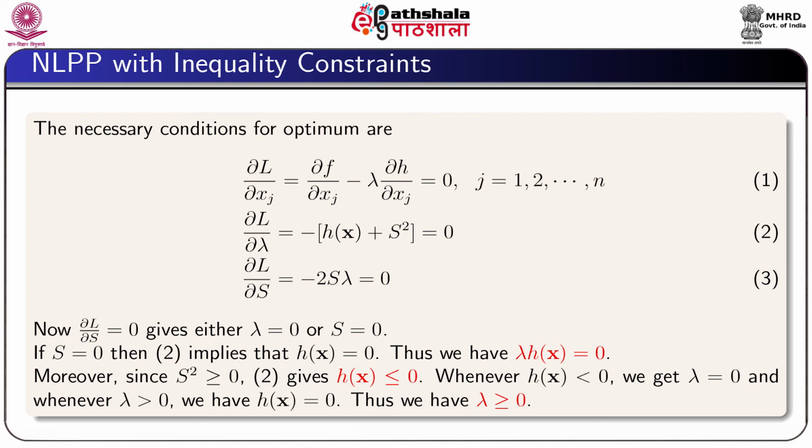Thus, we have lambda greater than equal to 0. So, from these necessary conditions, we get the conditions as lambda h(x) equal to 0, h(x) less than equal to 0, and lambda greater than equal to 0.